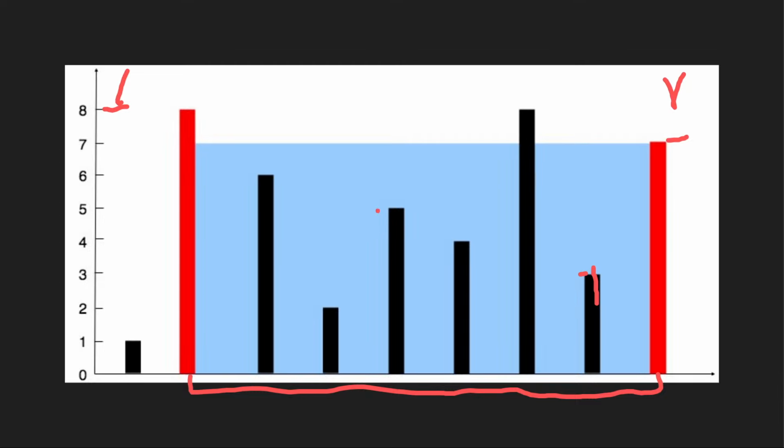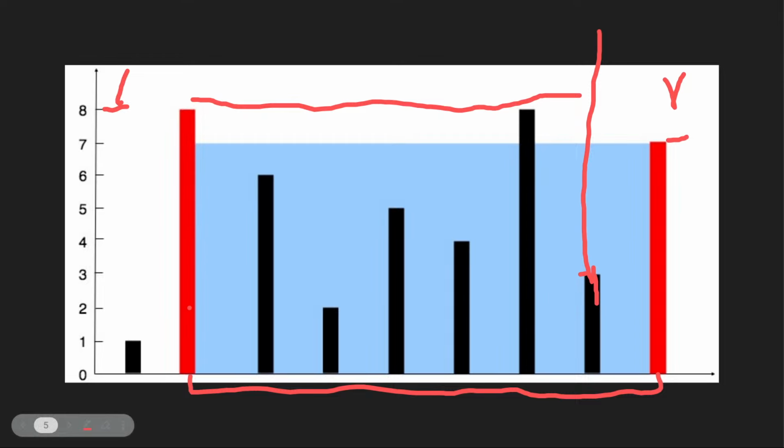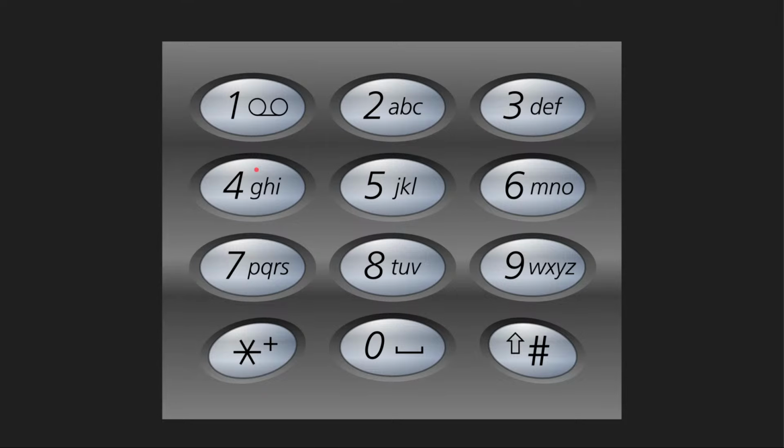If this is higher and we move it, it's gonna miss something. Maybe after we move this shorter bar, the next bar is much higher, so it means we can even hold more water, maybe. Yeah, but if you just shift the higher bar, we miss the opportunity to hold more water. So basically, this is how to understand the two pointers problem.